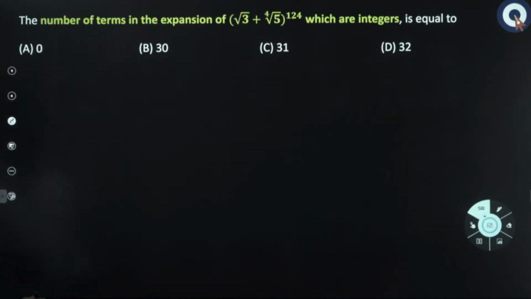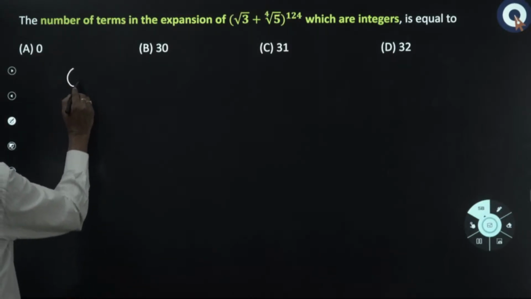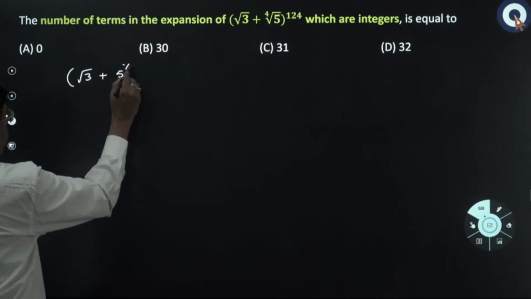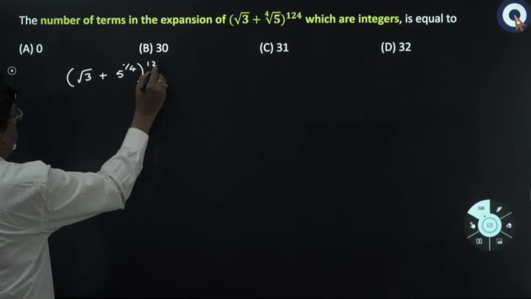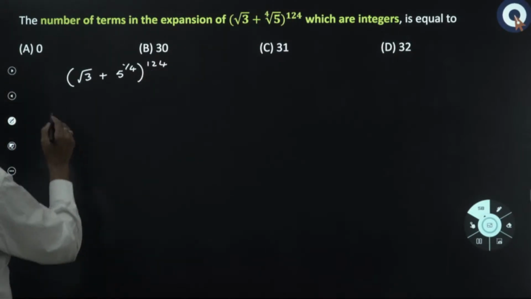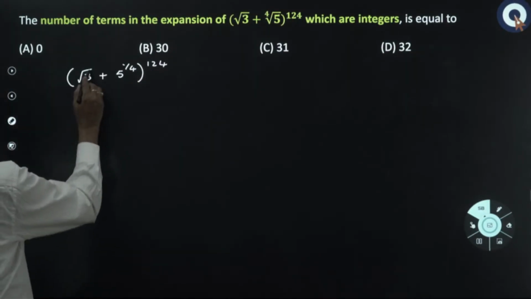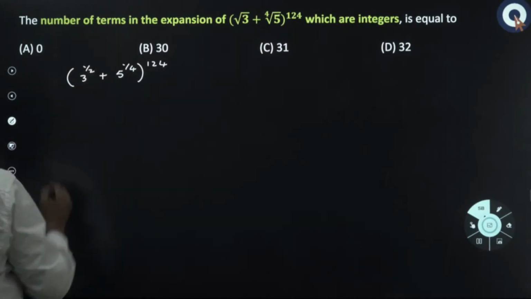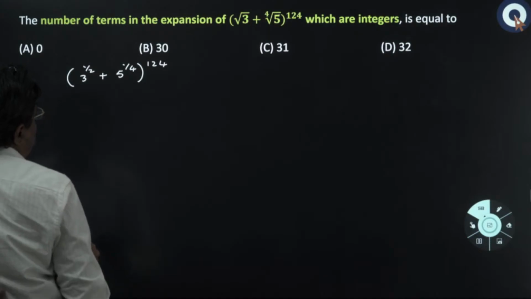The number of terms in the expansion of (root 3 plus 5 to the power of 1 by 4) whole power 124, which are integers. So, let us write (3 to the power of 1 by 2 plus 5 to the power of 1 by 4) whole to the power of 124.